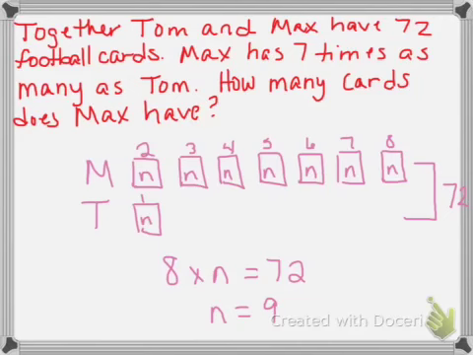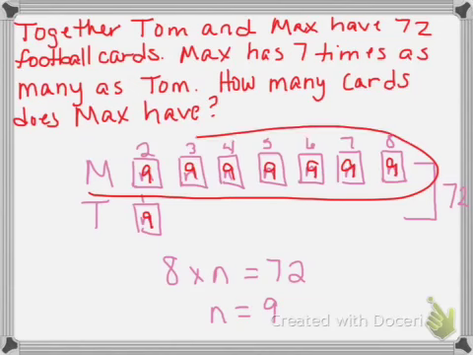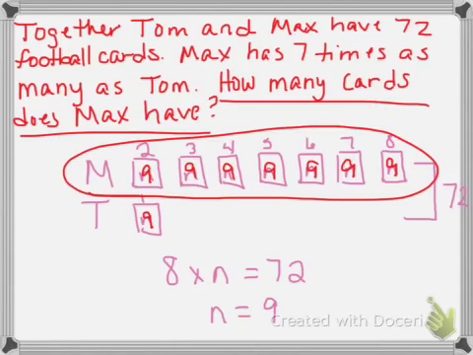So now I'm going to fill in each of the boxes with a 9. And then I'm going to add up how many Max has because my question asks me how many cards Max has. Well, Max has 7 groups of 9, and 7 groups of 9 is 63. So Max has 63 cards.